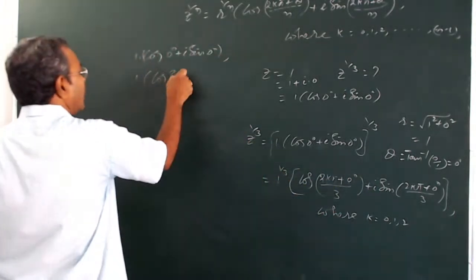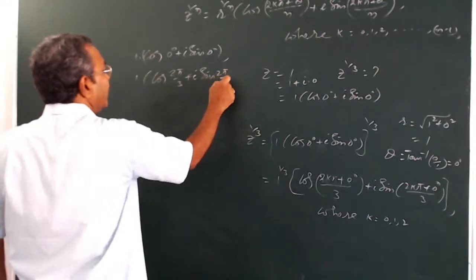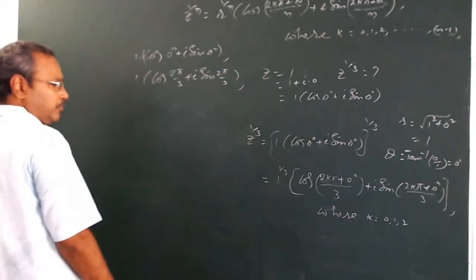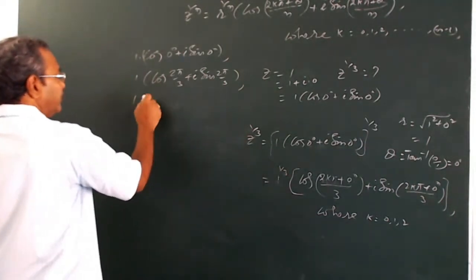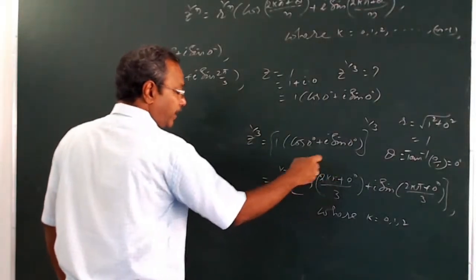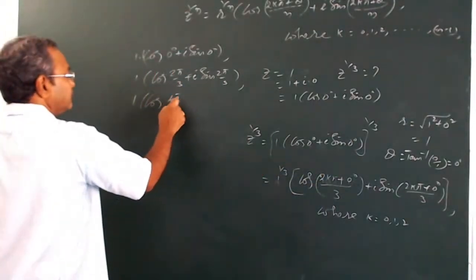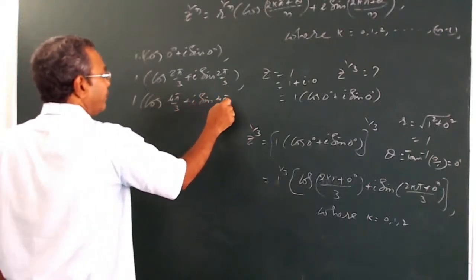So cos 2 pi by 3 plus i sine 2 pi by 3. What is the last root? That is for k equal to 2. Again 1 to the power of 1 by 3, which is 1 into cos. K equal to 2 means 2 into 2, that is 4 pi by 3, plus i sine 4 pi by 3.